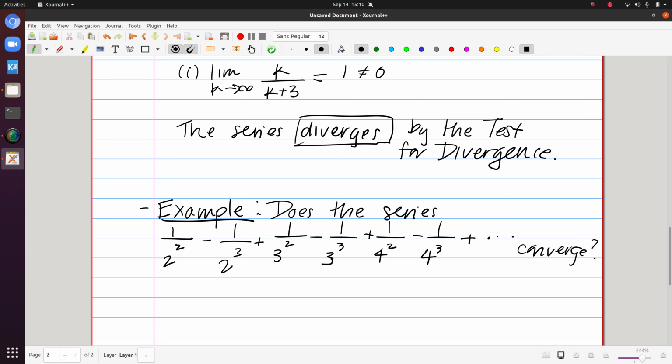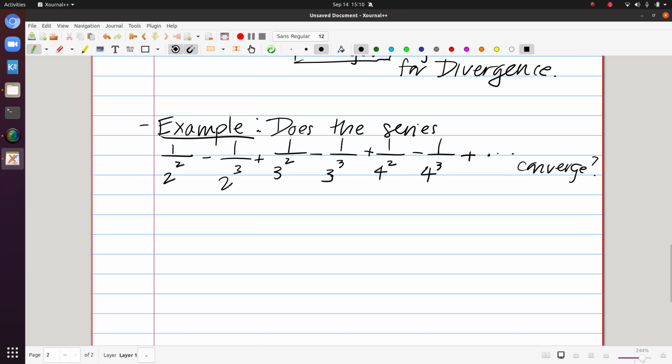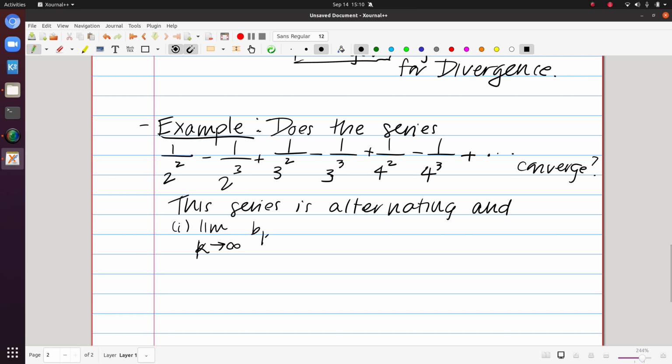So I can see that it's alternating. So this series is alternating. And I could definitely say that the limit as k approaches infinity of what I've referred to as b sub k, ignoring the sign, is certainly going to go to 0.